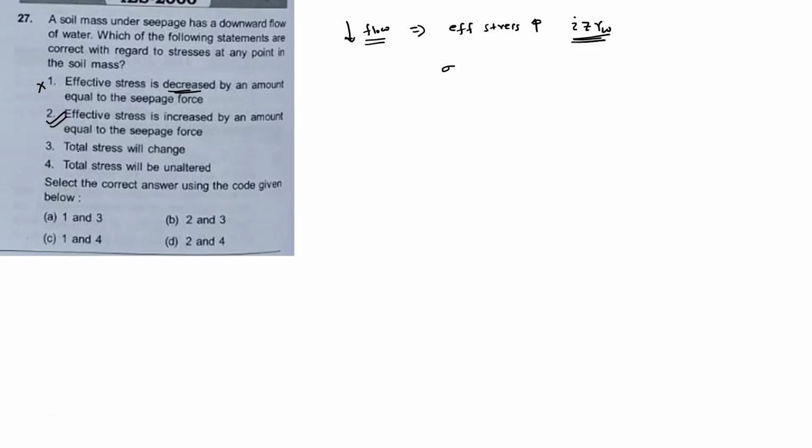The statement is: the total stress will be unaffected. This statement is correct. The other statement is incorrect. I am explaining why.